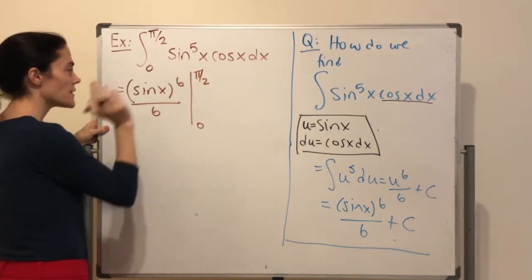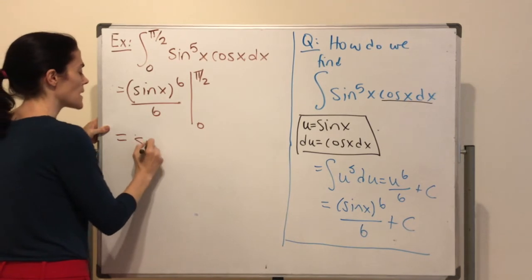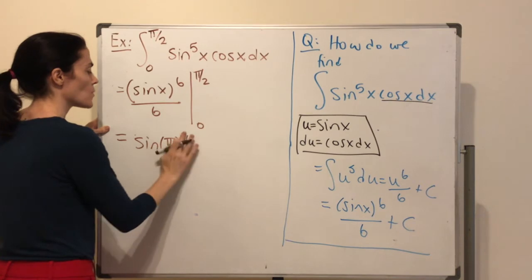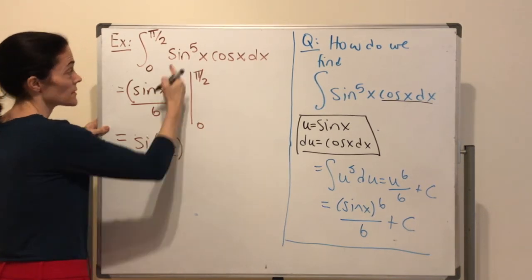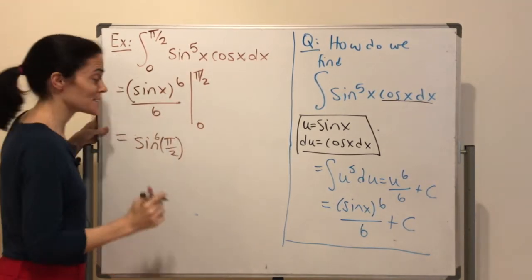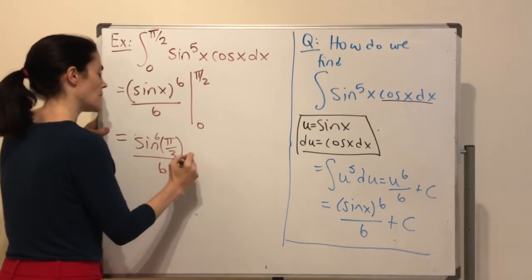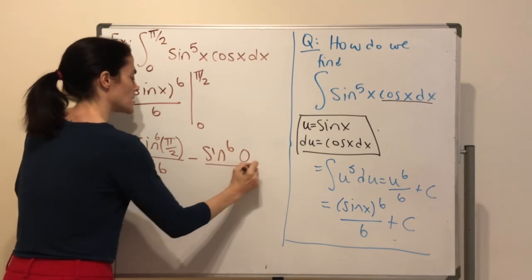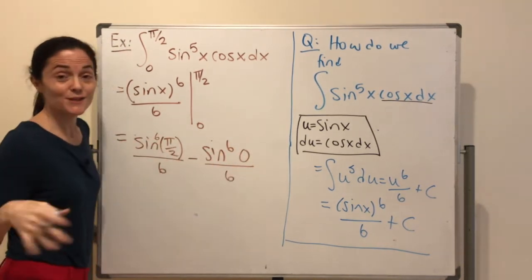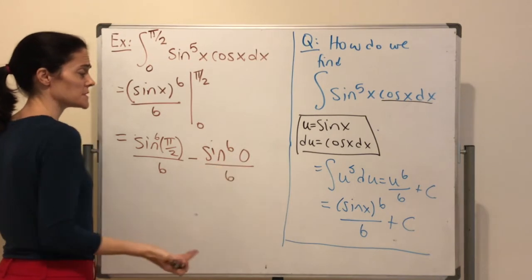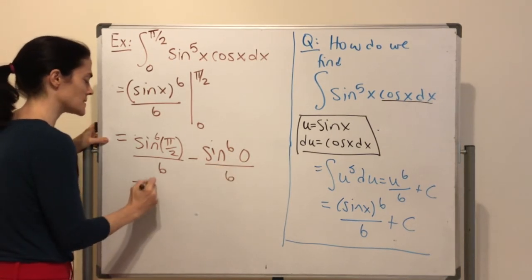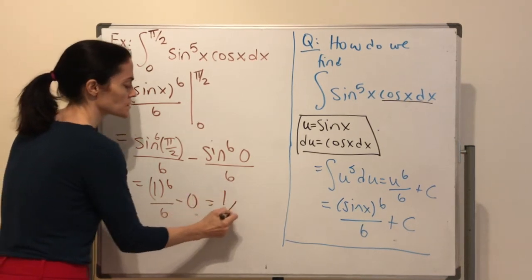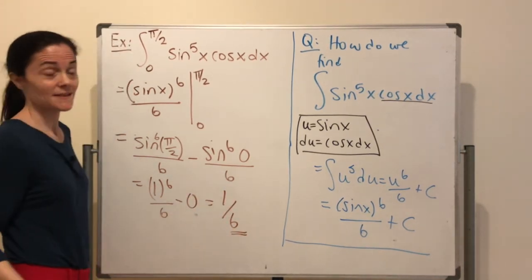Then this would be sine of pi over 2 to the 6th power over 6, putting the 6 there to match how the 5th power is in the integrand, and then minus the value evaluated at 0. The sine of pi over 2 is 1, and the sine of 0 is 0. So this is 1 to the 6th over 6 minus 0, and the answer is 1 over 6.